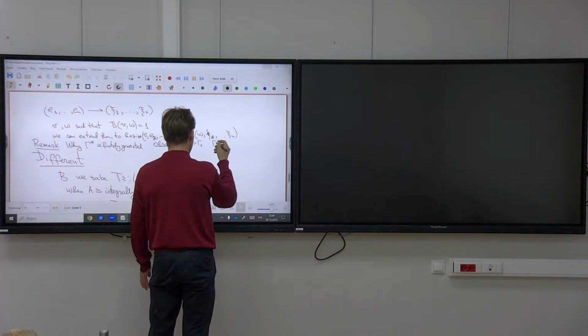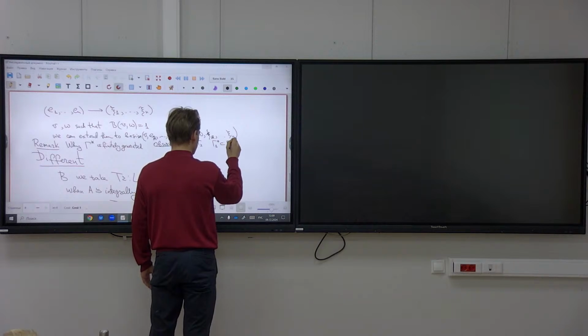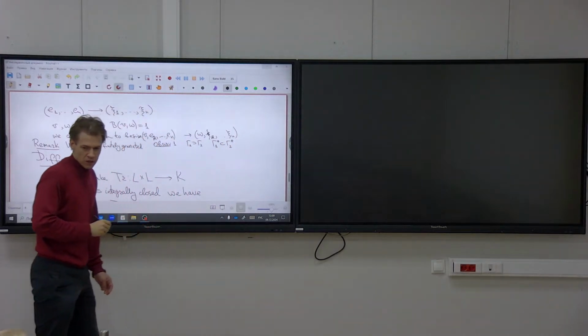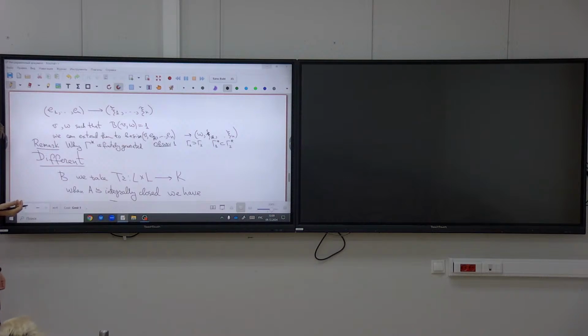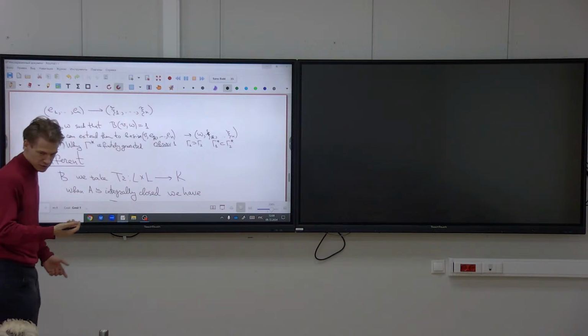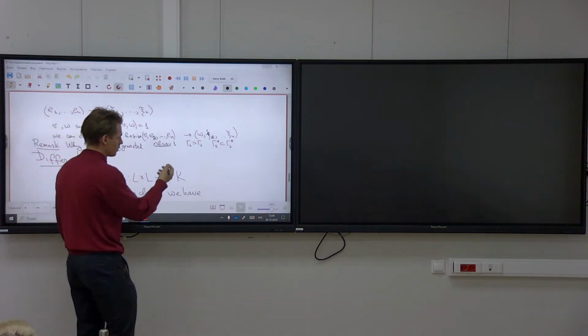This is just the reverse of the condition. So in order to prove that gamma star is finitely generated, you have to bound it by a lattice where a priori you know that it is finitely generated.